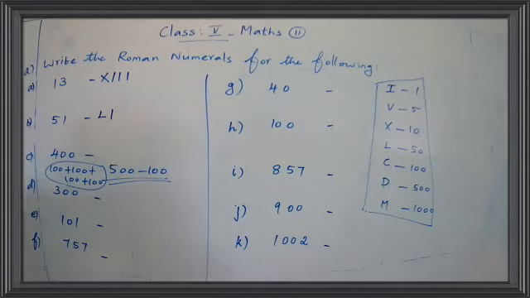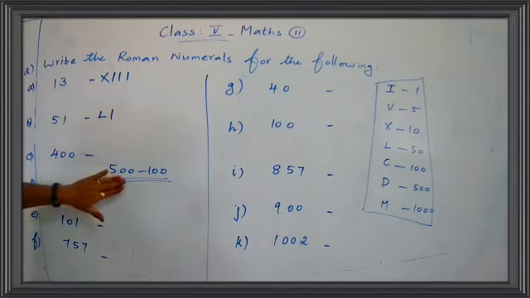That's the rule. So it can be written only 3 times. So we can write 400 as 500 minus 100. Yes.